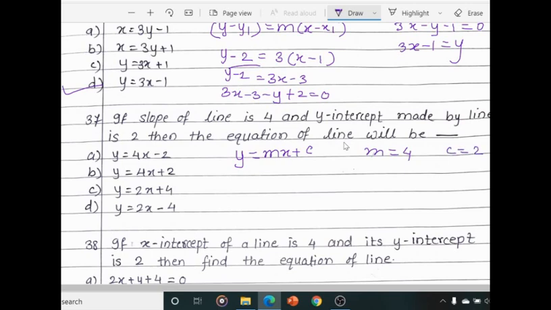So write down y is equal to 4x plus 2. This is the required answer.